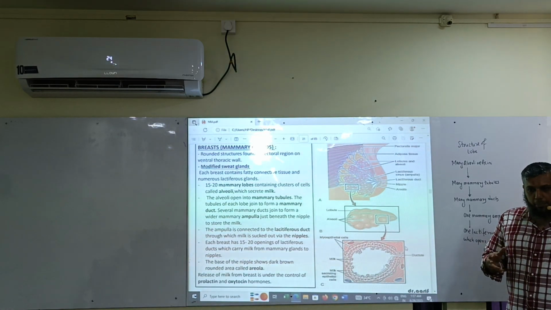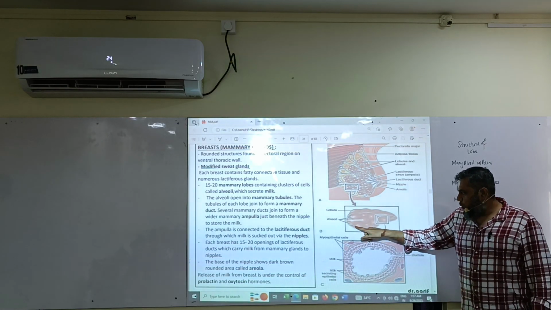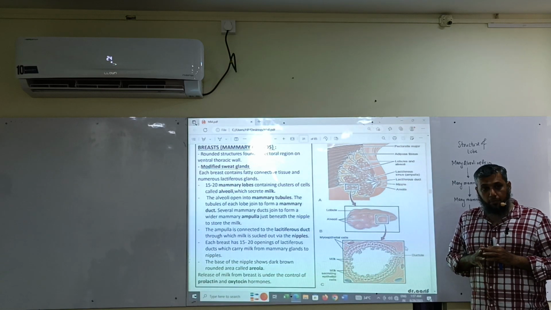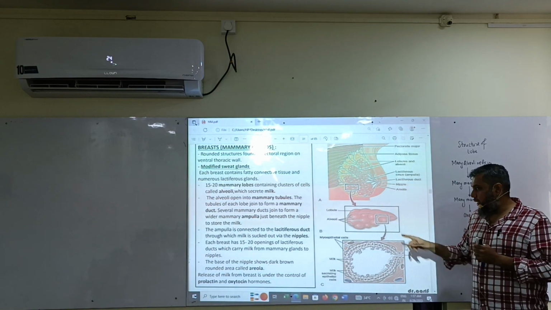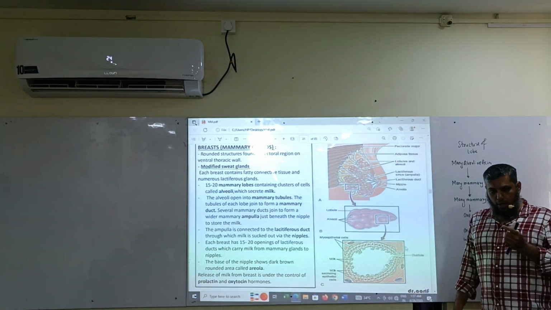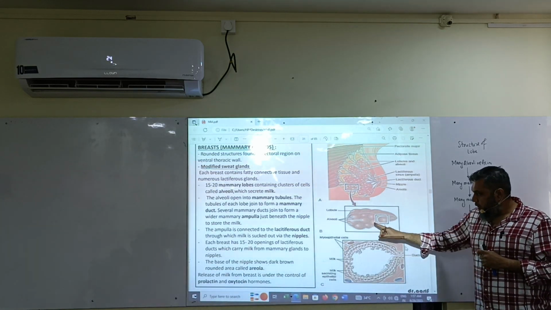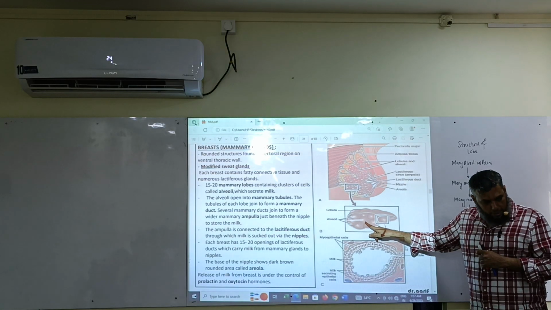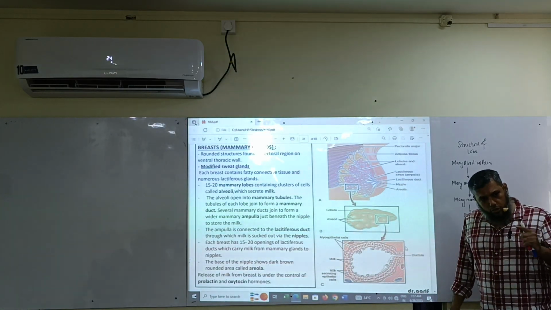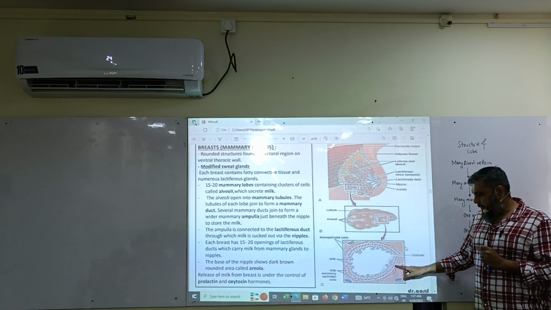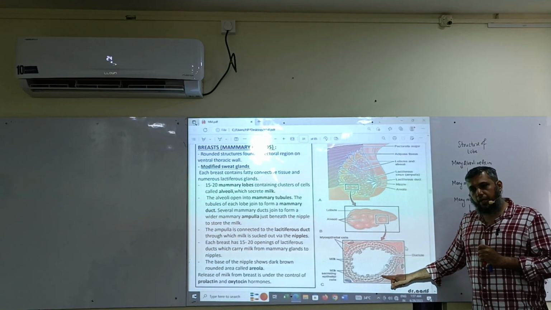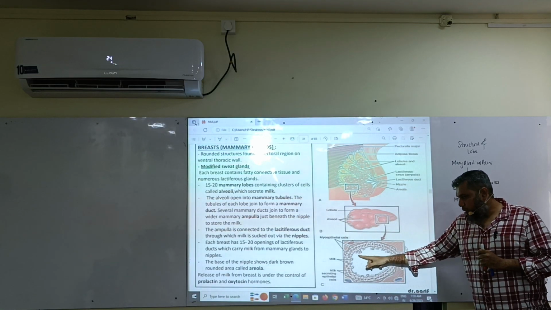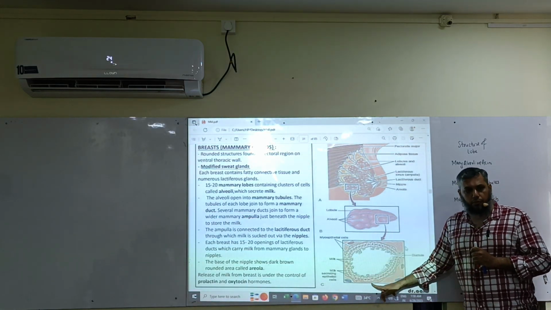Mammary glands are made up of lobes. Each mammary gland is made up of about 15 to 20 lobes, and each lobe is made up of many alveoli or acini. Each alveolus or acinus is made up of milk secreting cells which secrete the milk into the lumen of the alveolus.